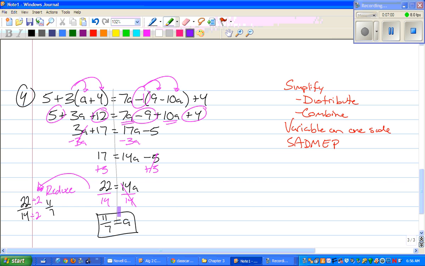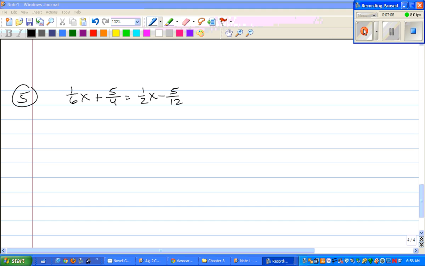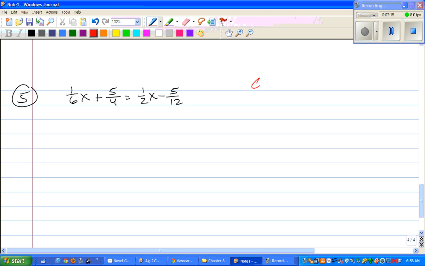All right, let's do one more. All right, number 5. And of course, for the last one, I'm going to go a little bit difficult on you. Now, what we need to do is cancel the fractions by multiplying by the LCD.